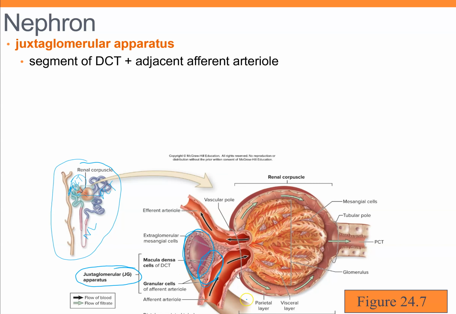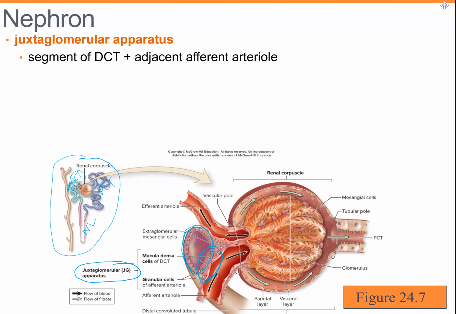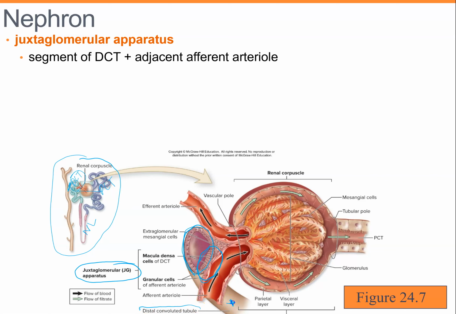Look at this. Somewhere they have this label. Oh, hold on. It's off the page. There it is, down there. Right here, distal convoluted tubule. So this thing right here, that tan tube, is the distal convoluted tubule.